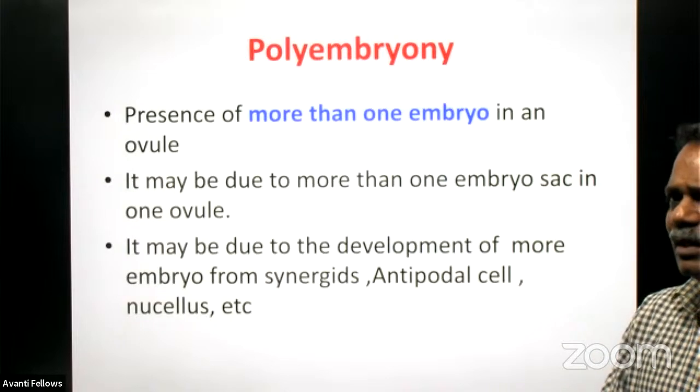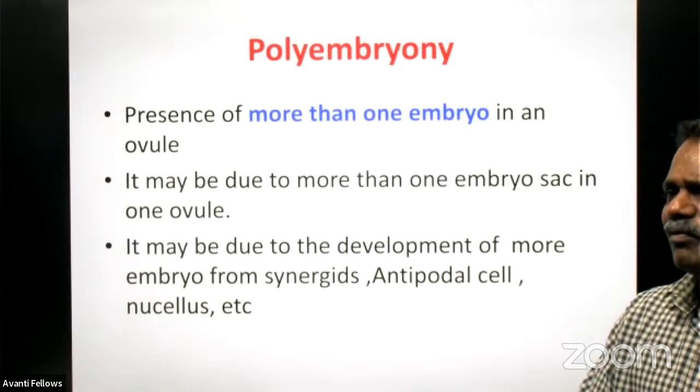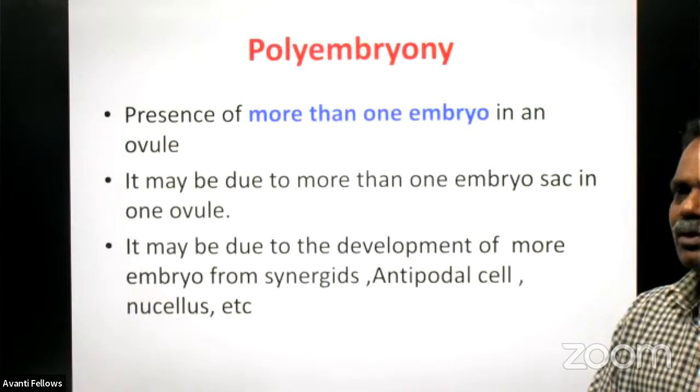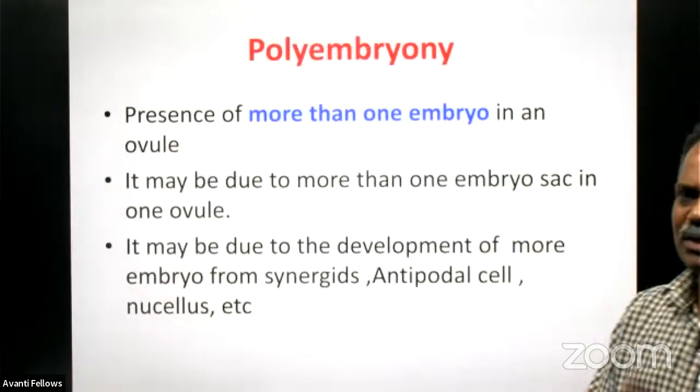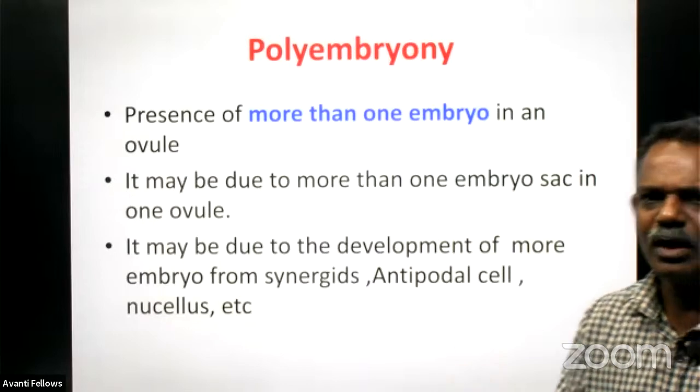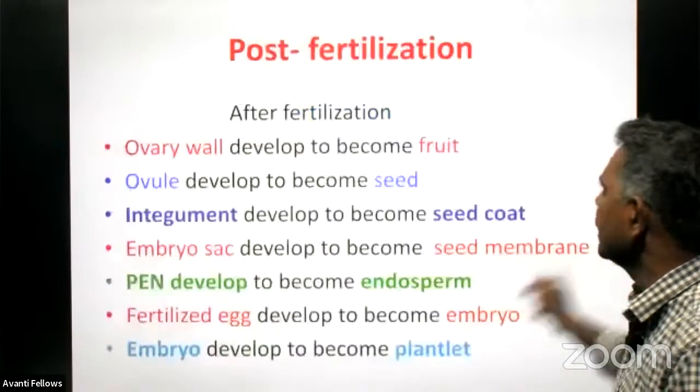So naturally the seed developed from the ovule can produce many plantlets, because every embryo develops to become a new plantlet, right?